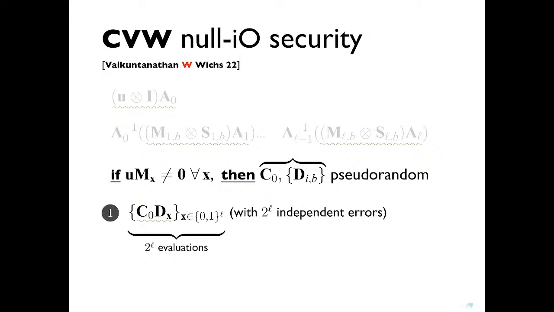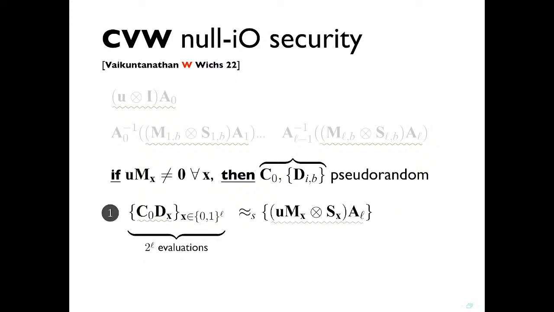As a mental experiment, let's first think about what happens when we multiply all of the encodings together. We consider all possible subset products of the encodings over all possible inputs. There are 2 to the L possible subset products, and we consider these encodings with 2 to the L independent error terms. Let's first try to show that this distribution is pseudo-random.